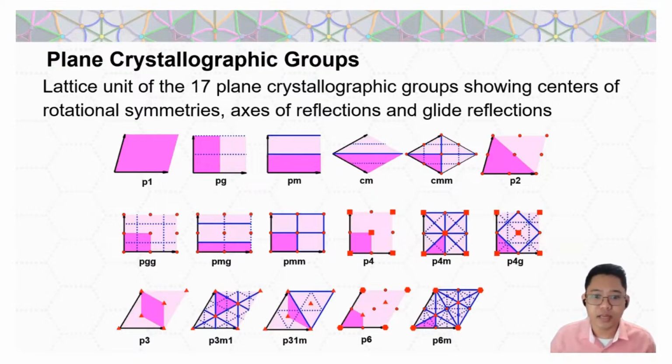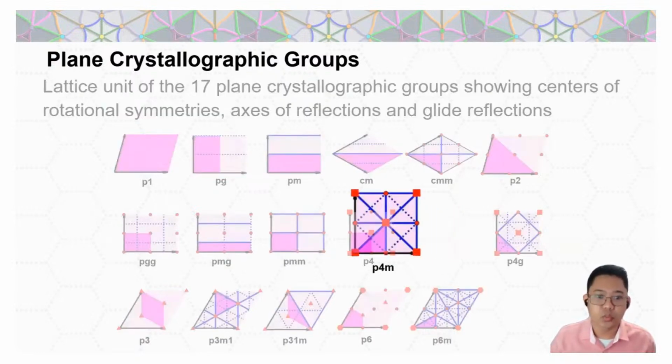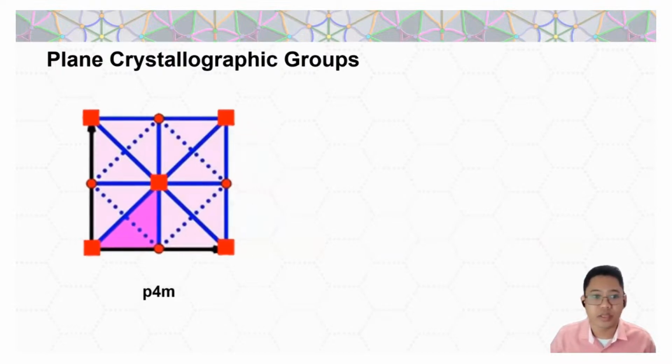So let's take, for example, this group, which we call P4M. This diagram just denotes the symmetries present in this particular group. These blue solid lines here are the axes of reflections. You know that already, the reflections. We also have rotations here.